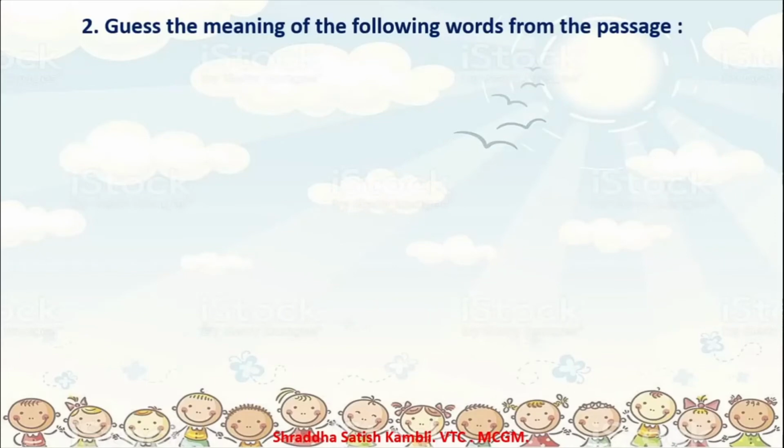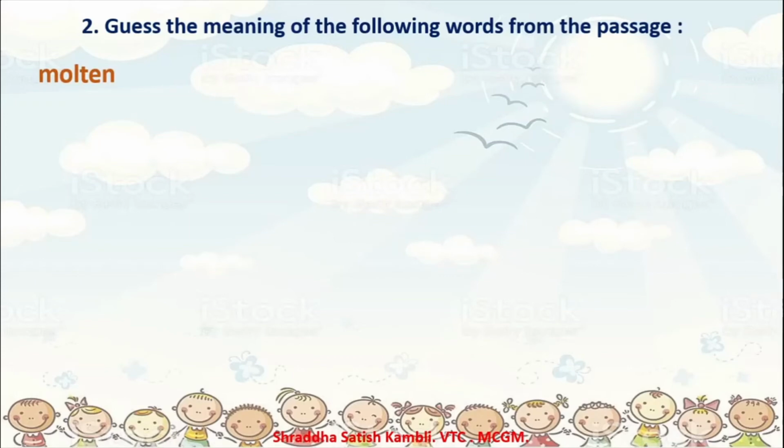Let's move on to the next exercise here. We are supposed to guess the meanings of some words from the passage. There are around 5 or 6 words. As usual, I will give you the answers for a few of them and the others I will leave to you. So the first one, let's see, molten. Now we have used this word again and again in this passage.